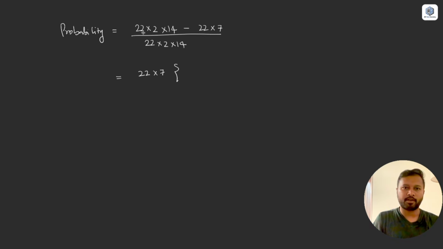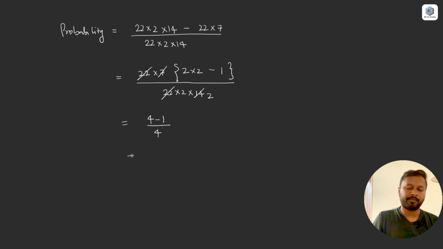So from here 22 is already taken, 2 is going to remain, and if 7 is taken from here, only 2 is going to remain, because 7 multiplied by 2 is 14, minus 1 because we have taken everything common. You can use a calculator to do it, I'm just simplifying it. So in the denominator, 22 into 2 into 14, this 22 is going to cancel out, this 7 is cancelling out 2 times. So in the numerator you will get 4 minus 1 divided by 4, and this will make it 3 by 4. So your answer will be 3 by 4.